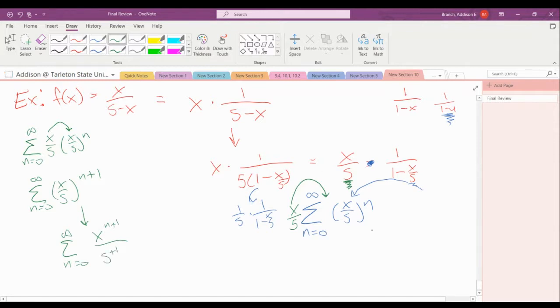And usually I'd separate it probably at this step, where you'd have x over 5 times x to the n over 5 to the n, just to keep track of where all of your x's are coming from, where all of your coefficients are coming from. This one is very straightforward, but not all of them will be this simple. I had a couple in my weekly review where you really had to pay attention to where all of your x's were coming from, and to your exponents.